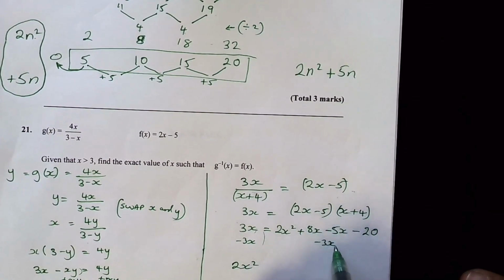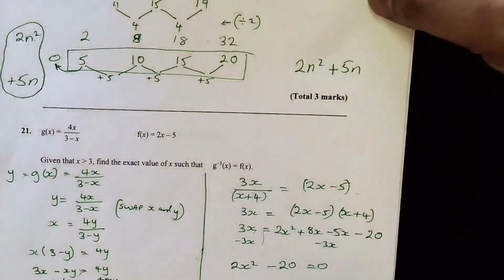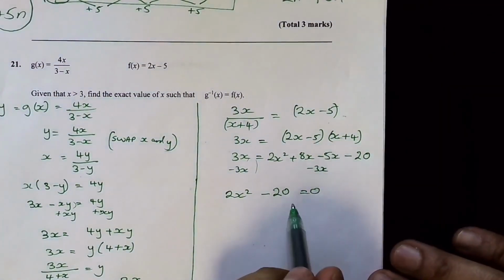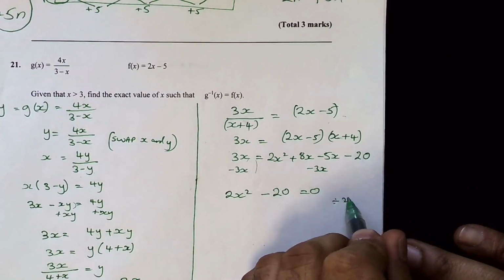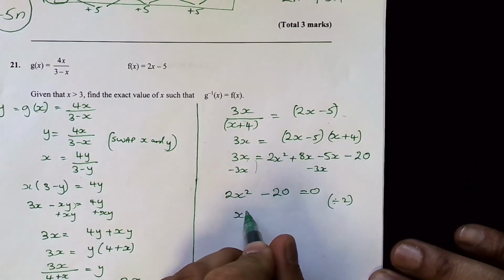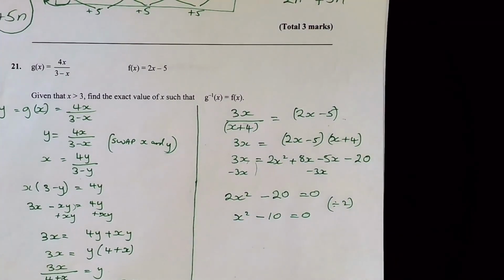So all of these x terms are equal to 0, and I'm only left with 2x squared minus 20 equals 0. Both have a factor of 2, so I can divide my quadratic by 2, and I'm left with x squared minus 10 equals 0. So now I need to work out the value of x.